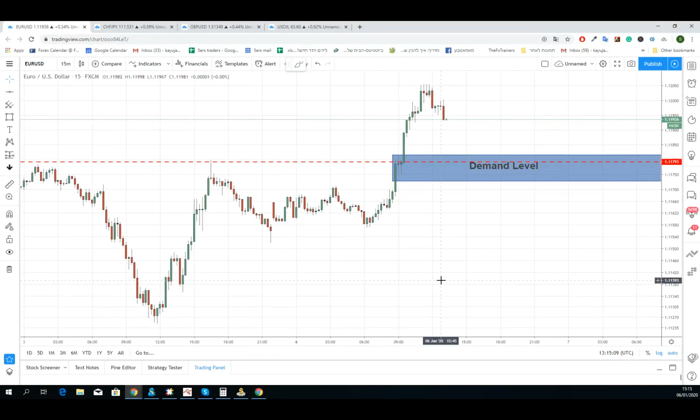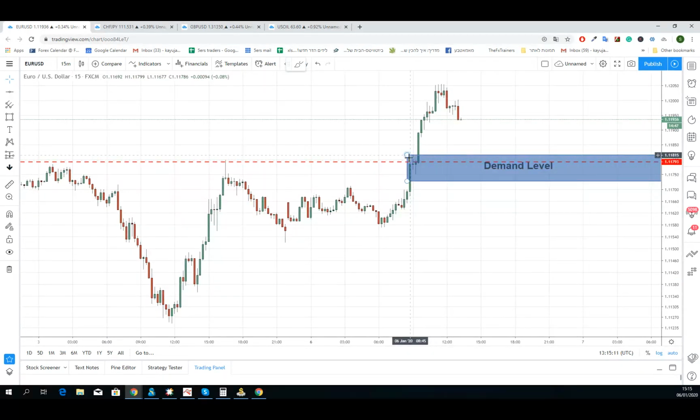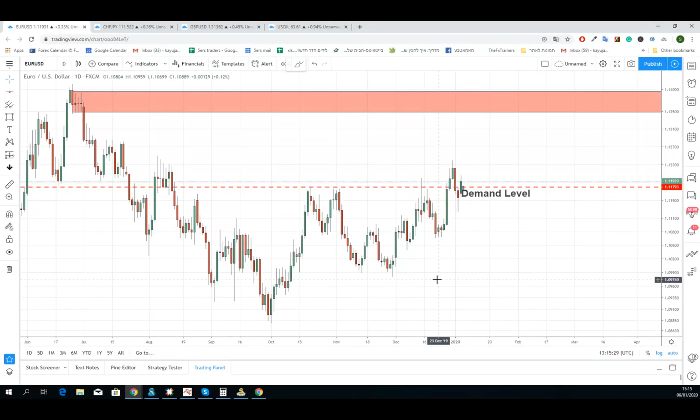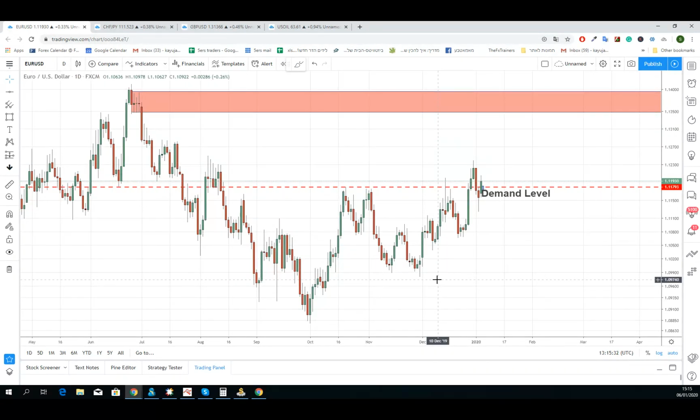Let's go back to the 15 minutes. Okay, so it's kind of a confirmation of what we are looking for, and it's a great level to look for a buy position. Let's look at the daily chart to see what the long-term target can be.